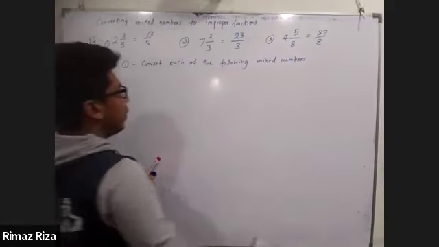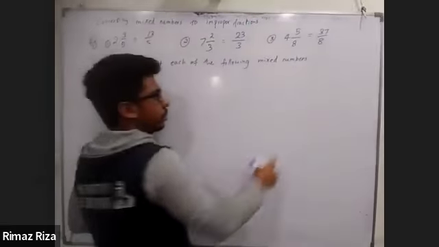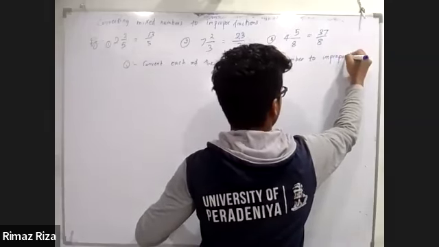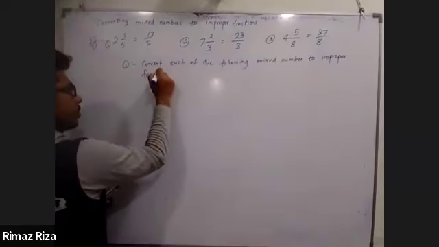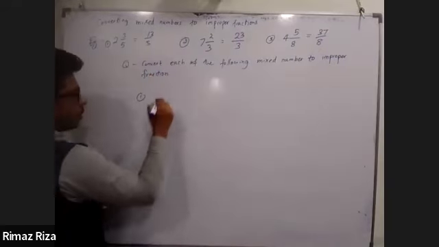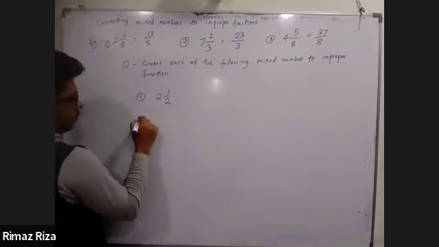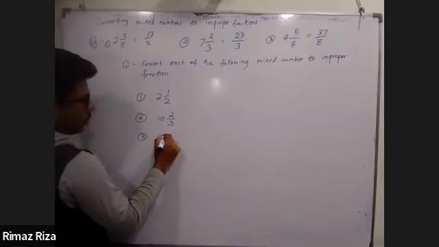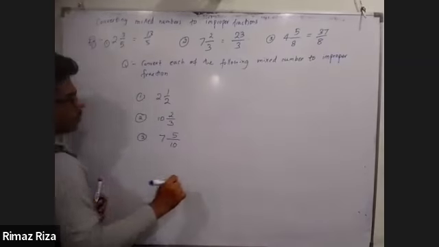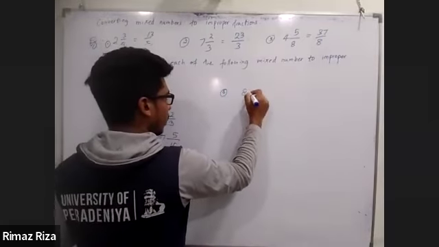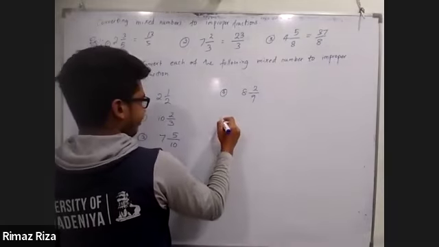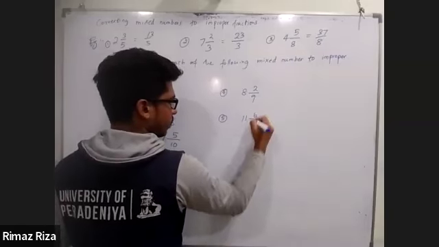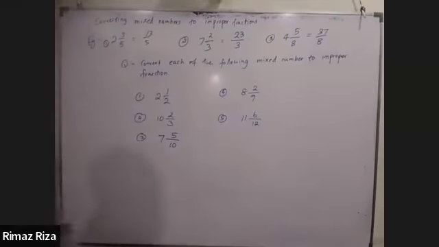After writing the examples, you can write the question: convert each of the following mixed numbers to improper fractions. These questions. Okay. Do it fast.